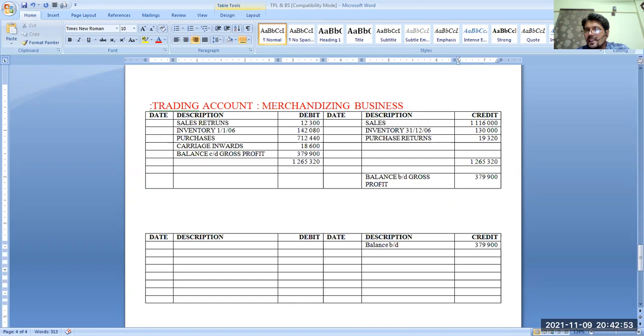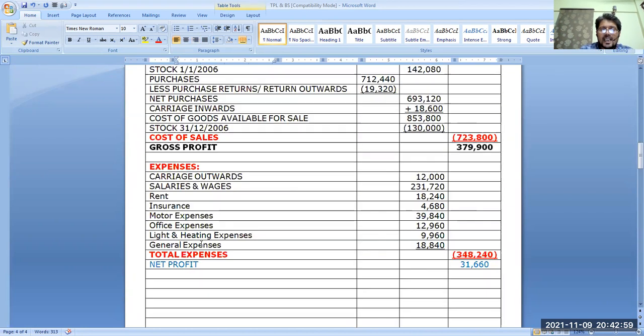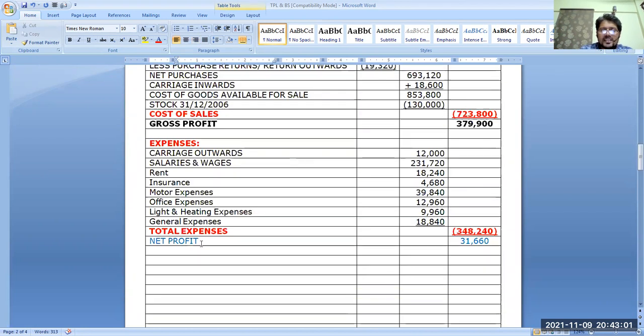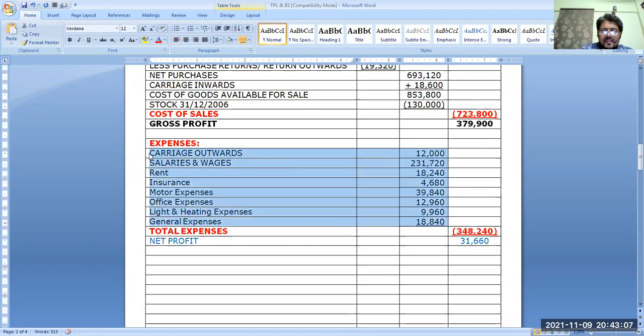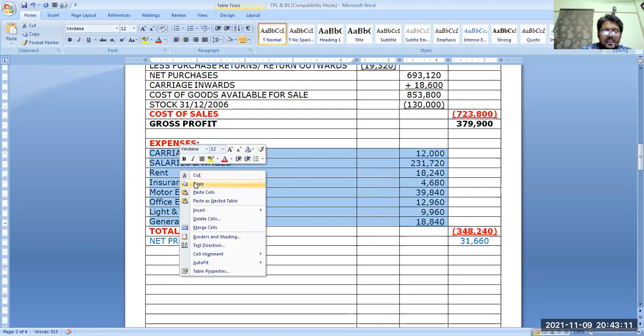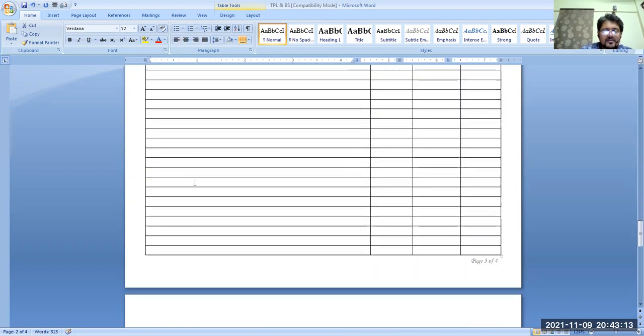That was the gross profit. Now all the expenses will be reported over here. What are the expenses? Carriage, salaries. These were the expenses. They are going to be debited over here.